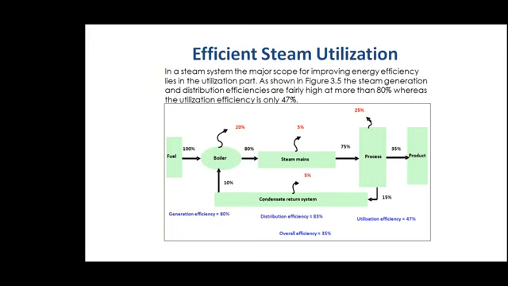Now, the steam itself, if you see, we have the fuel here. Fuel is fired in the boiler, so 100% energy it has got, chemical energy. Then it is converted to heat energy, and about 20% is lost in the conversion in a boiler where chemical energy is converted to heat energy. There's a 20% loss.